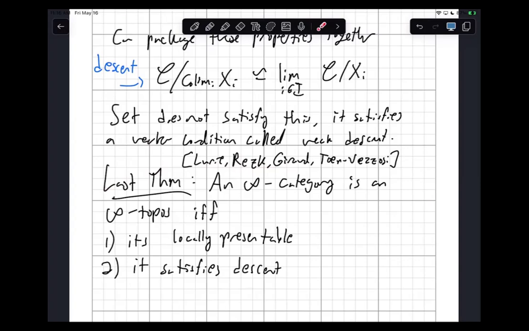And the whole idea is that when you do a colimit in sets, you lose information, right? And then when you pull that information back, you might not get everything you started with. But if you take spaces and you take infinity colimits, you retain all of the information. You don't lose anything. And you can reconstruct the thing that's mapping into the colimit from those pieces, exactly.